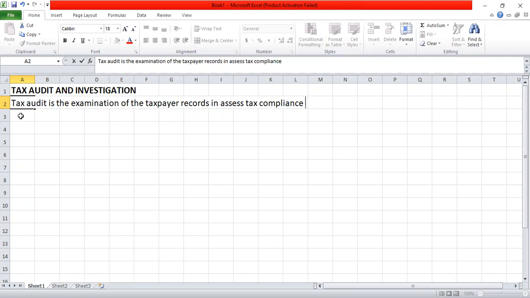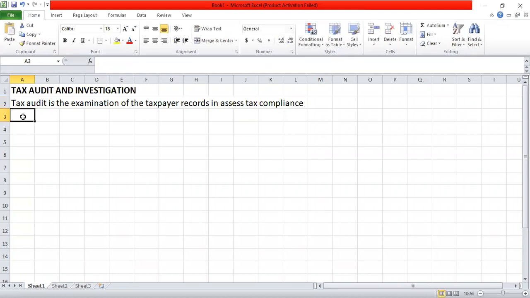That is what we call a tax audit. You examine the taxpayer's records, and the main objective is to assess whether the taxpayer is complying or is not complying.